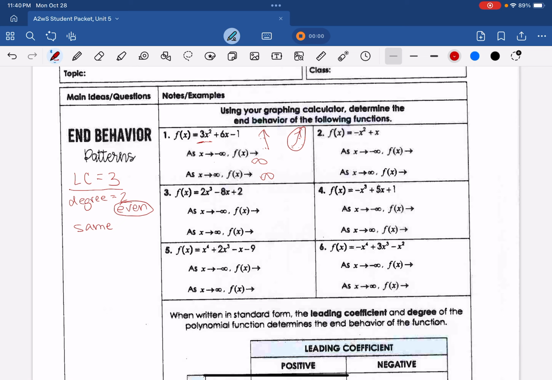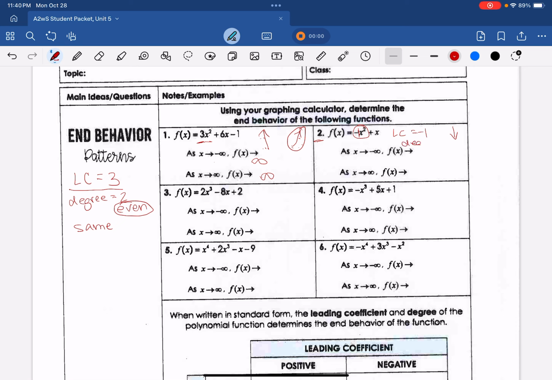All right, we're going to try another one. Number 2, our lead term. The lead coefficient is actually a -1. So if our lead coefficient is a -1, that tells us that our right side is opening down. Okay? So now we're going to look at our degree.